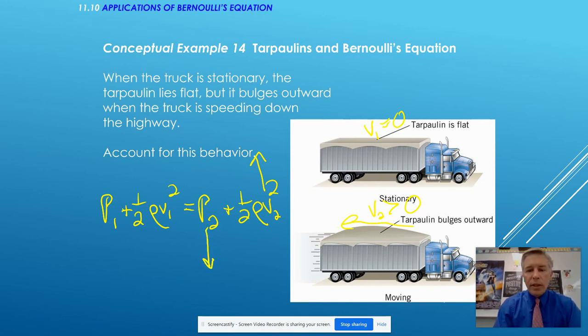So when you have moving fluids, you actually have a lower pressure. P2 here is going to be less than P1, which would be up here.